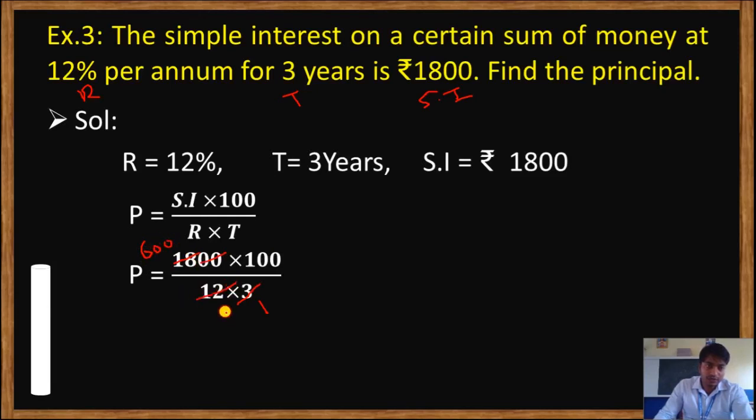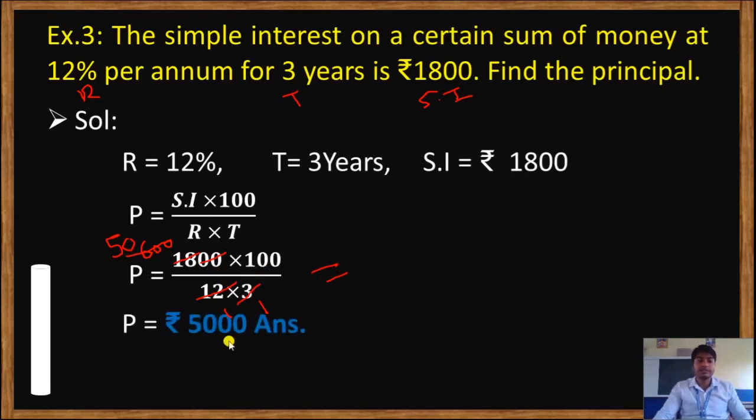Now 12 ones are 12, 12 fives are 60, and 1 zero. Now you can see 50 here and 100 here. When you multiply, you get 5,000. So this is the answer of this question.